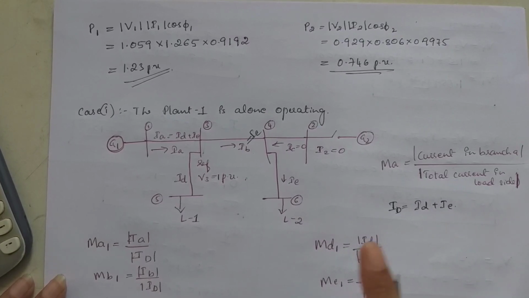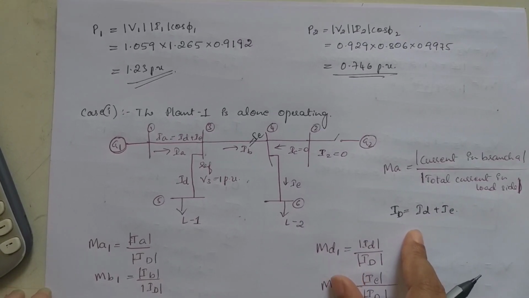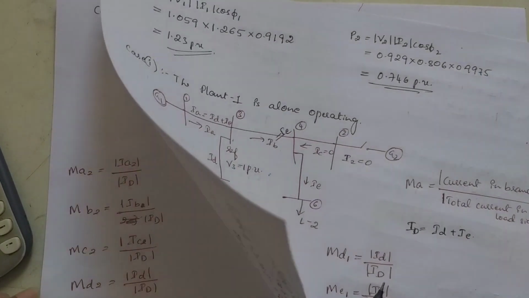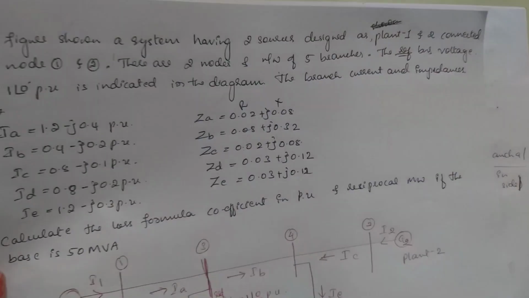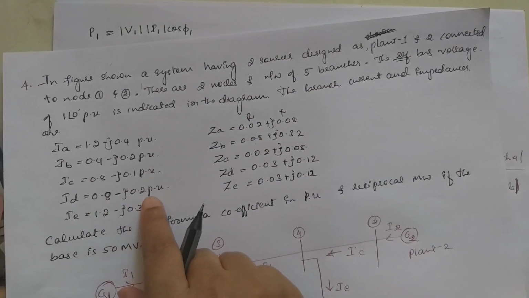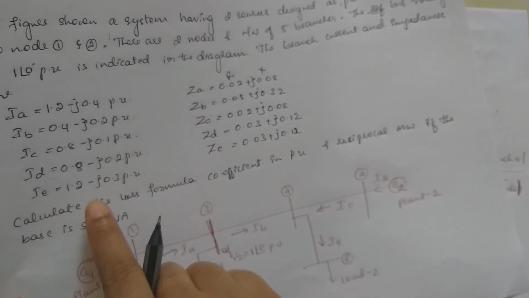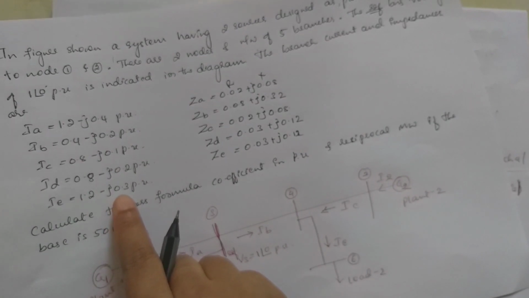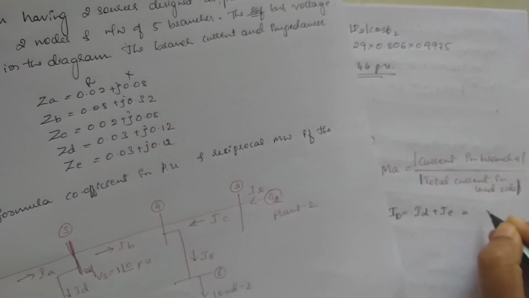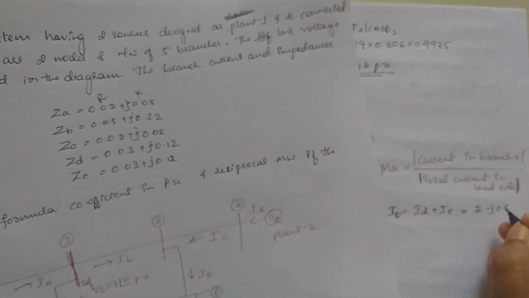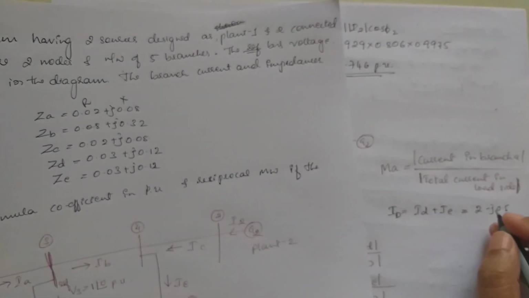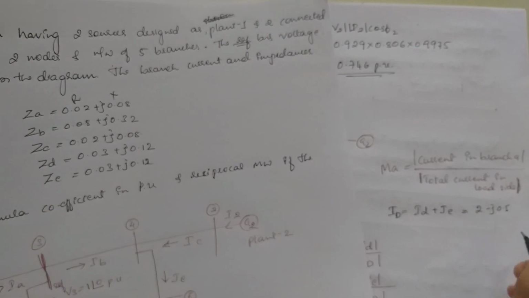Small Id we know is 0.8 minus j 0.2, IE is 1.2 minus j 0.3. So we get 2 minus j 0.5.